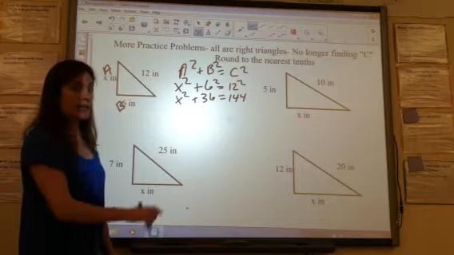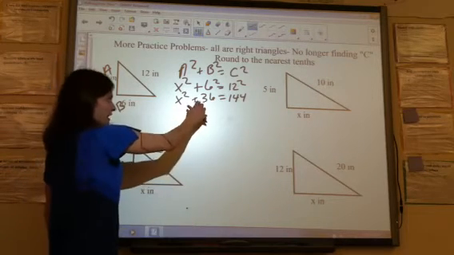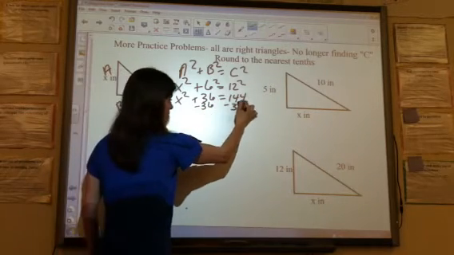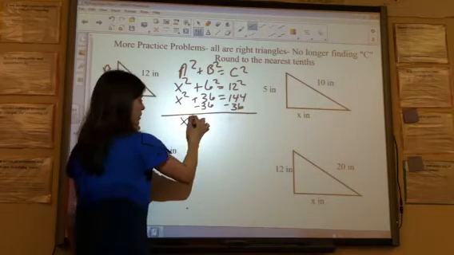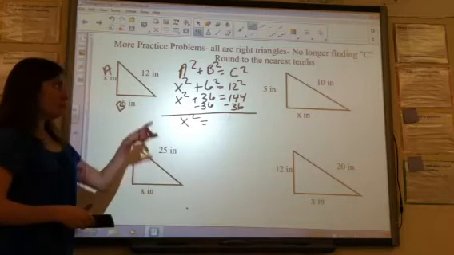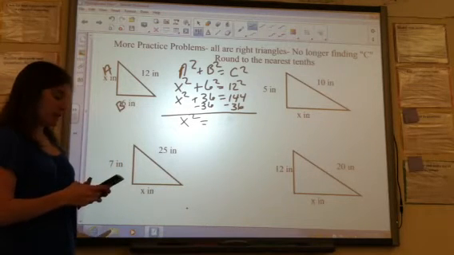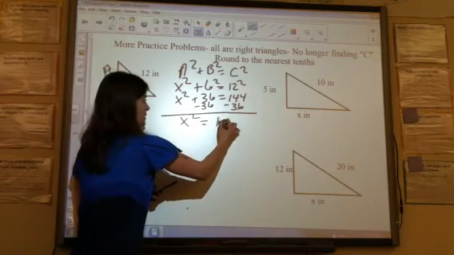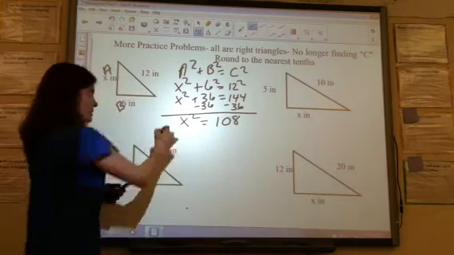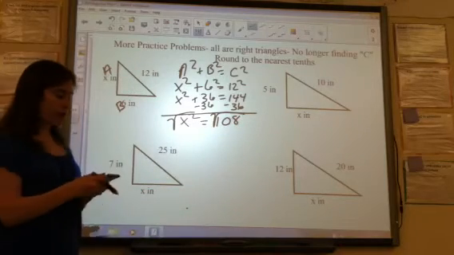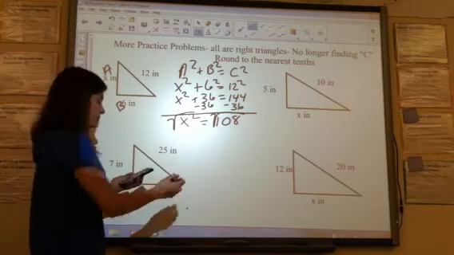You're going to have to isolate the x squared first, since the inverse operation of plus 36 would be minus 36. You're just going to have to make sure that you minus that 36 from 144 before you take the square root. And then you continue to isolate the variable by doing the inverse operation of squaring, which is square rooting.